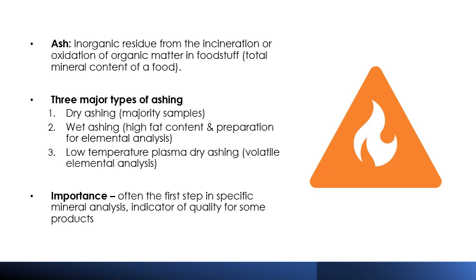We also have fat ashing, which is useful for food that is high in fat, and we can use this technique for sample prep if we want to perform elemental analysis. We also have low temperature plasma dry ashing, which is suitable if we want to analyze volatile elemental components.